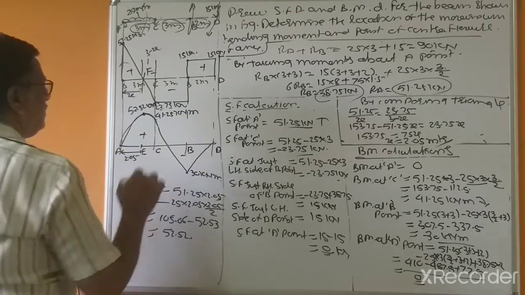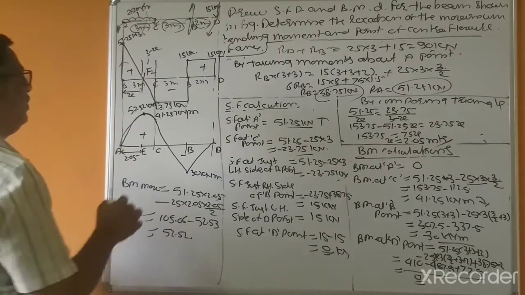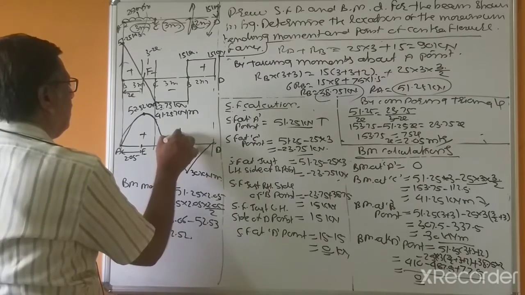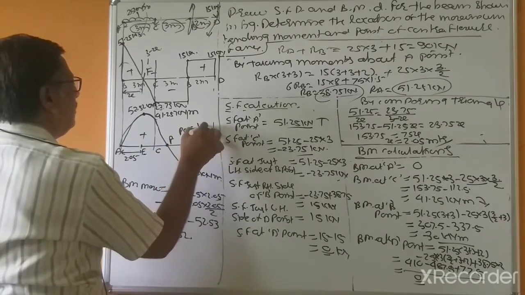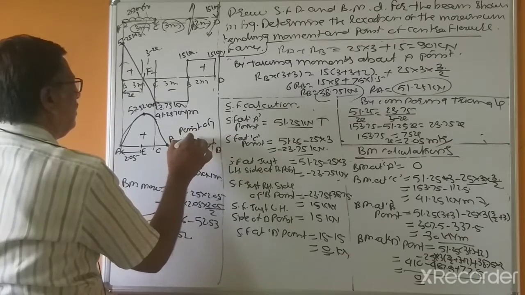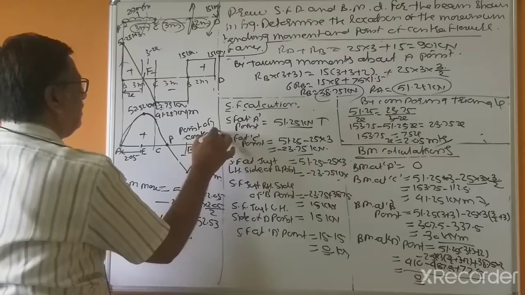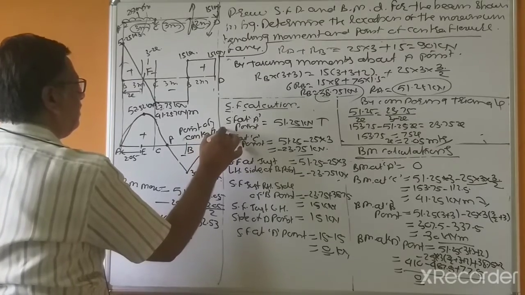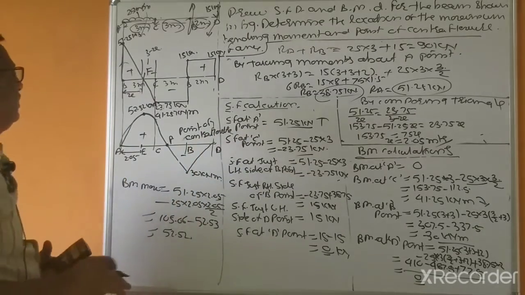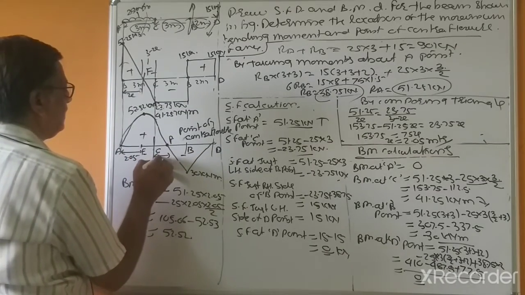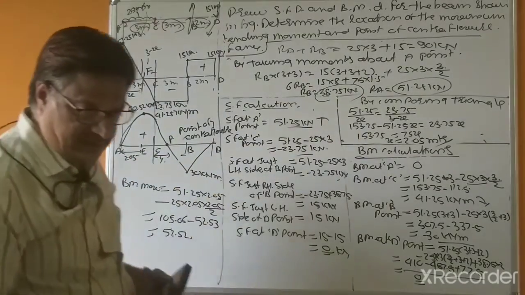This is positive and this is negative. Now this point is the point of contraflexure. So this distance, suppose y distance.